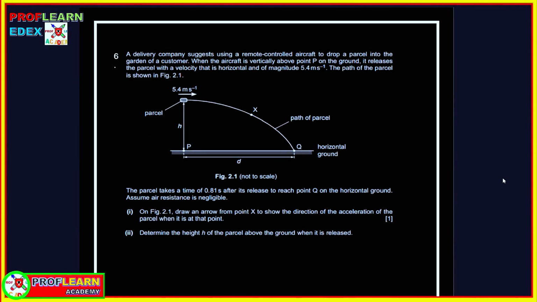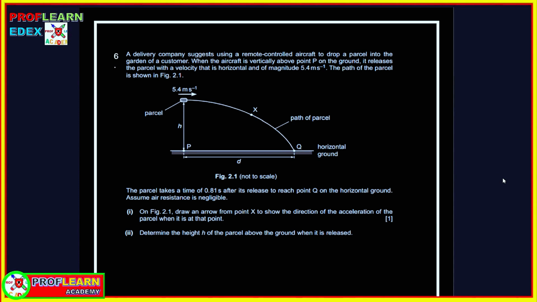Our answer becomes around 5.6. And then moving now to projectile motion. A delivery company suggests using a remote controlled aircraft to drop a parcel into the garden of a customer. When the aircraft is vertically above the point P on the ground, it releases the parcel with a velocity that is horizontal of magnitude 5.4 meters per second, and the path of the parcel is as shown there.